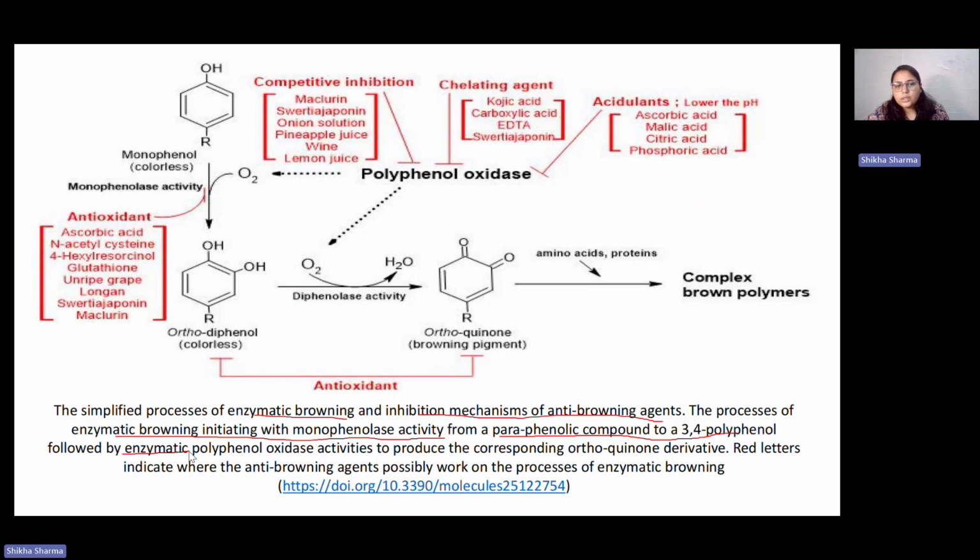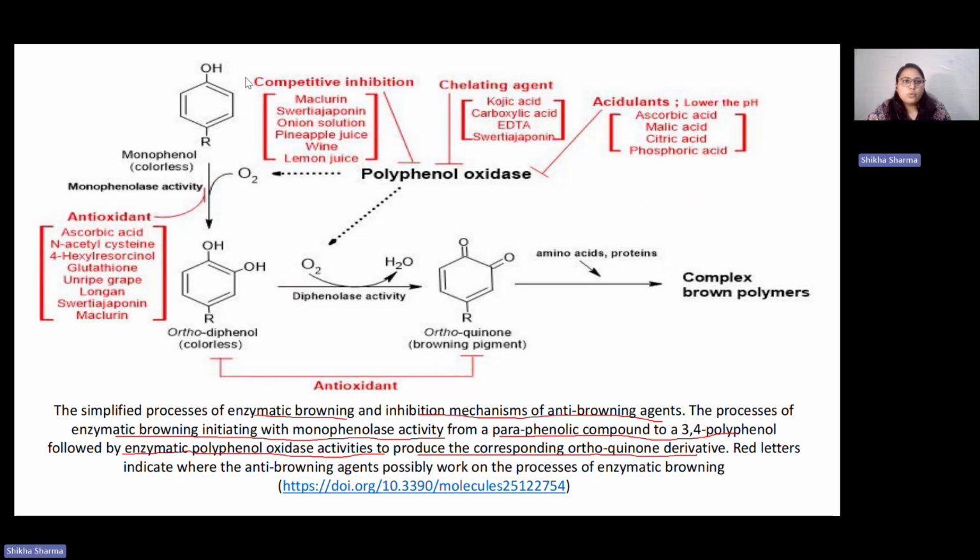After that, enzymatic polyphenol oxidase activity takes place to produce an orthoquinone derivative from 3,4 polyphenol compounds, and those orthoquinones are the compounds which give the brown colors.